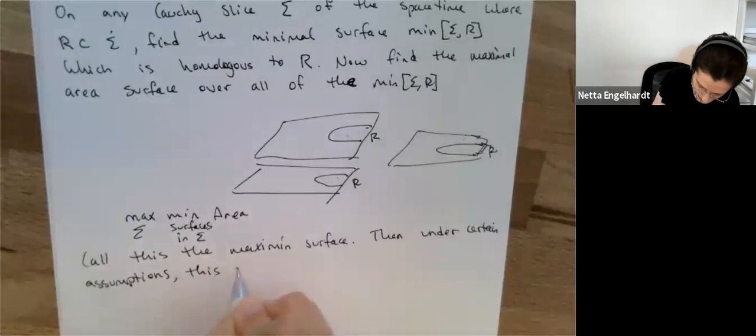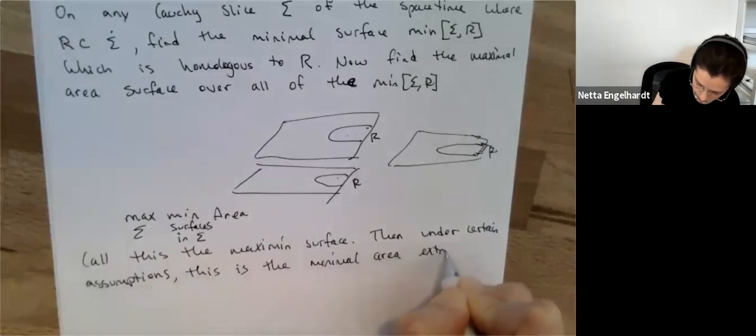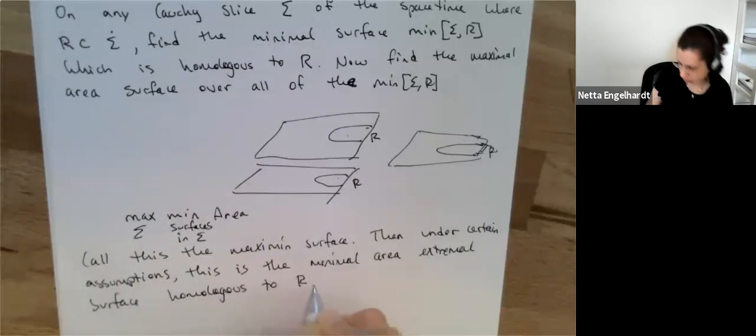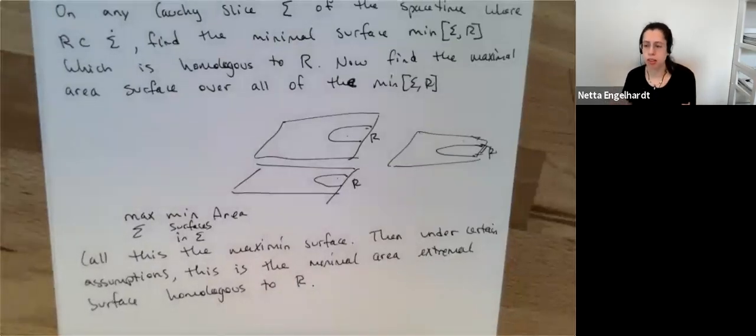This is the minimal area extremal surface homologous to R. In other words, the maximin surface is the surface that computes the von Neumann entropy, assuming the original covariant holographic entanglement entropy prescription was correct. The original HRT prescription was correct.